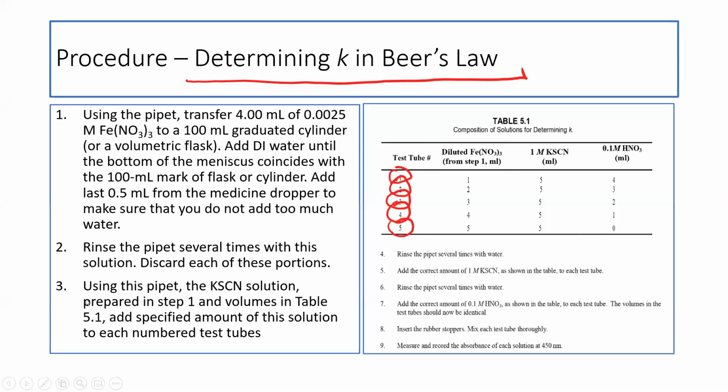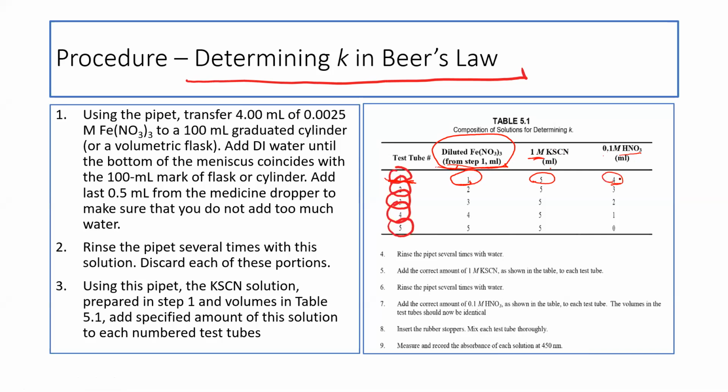For the first test tube, we have 5 test tubes in total. For the first test tube, we have to add 1 milliliter of diluted iron nitrate solution, 5 milliliters of 1 molar thiocyanate solution, and 4 milliliters of 0.1 molar solution of nitric acid.